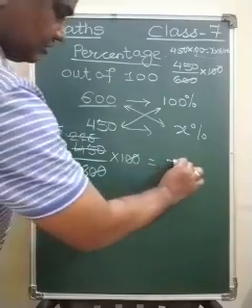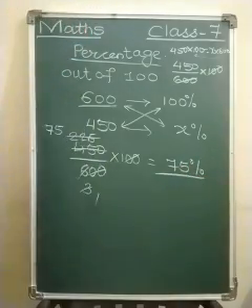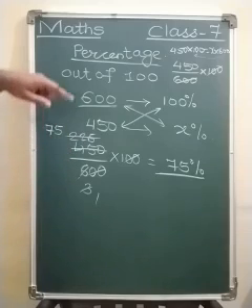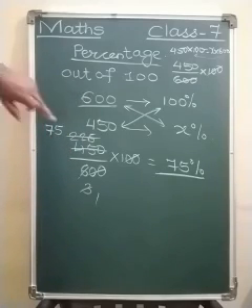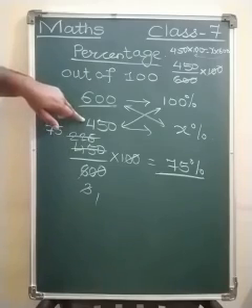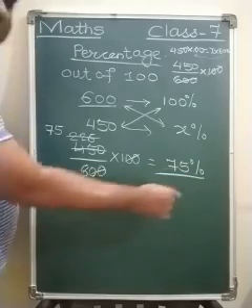So this comes to 75%. That means if in an examination the total marks of the papers are 600 and out of 600 you got 450 marks, you have scored 75% marks.